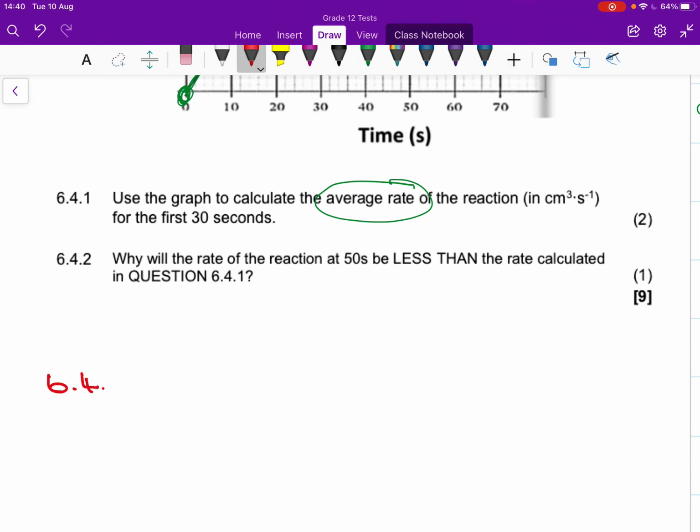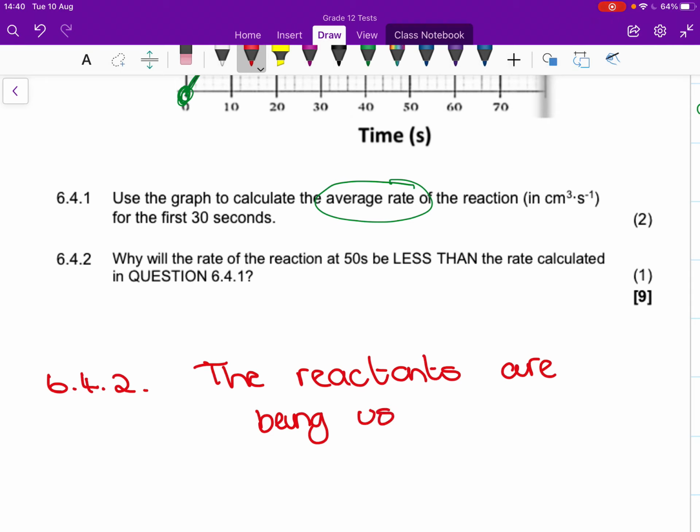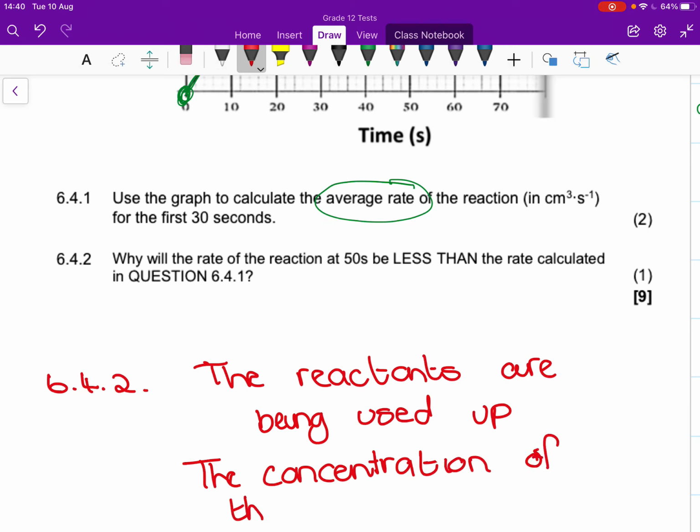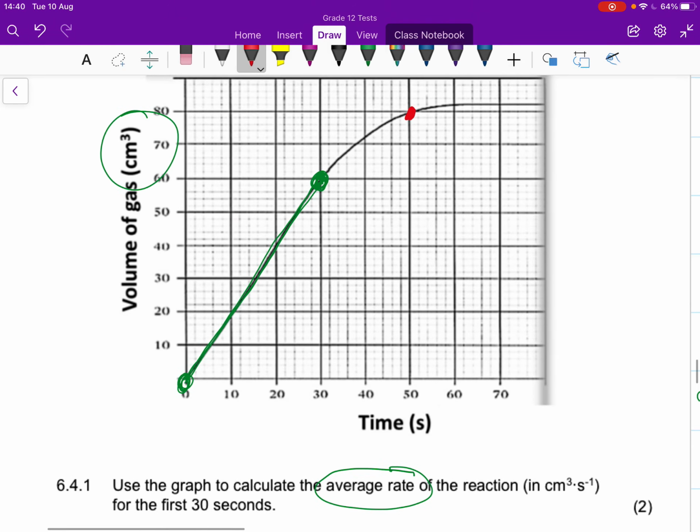So for 6.4.2, you can either tell me the reactants are being used up, which is what's happening, okay, or you could tell me the concentration of the reactants is decreasing. Concentration of the reactants decreases. I'm using things up. The less particles there are, the slower the reaction's going to go. Okay, big thing was the graph and understanding the table.